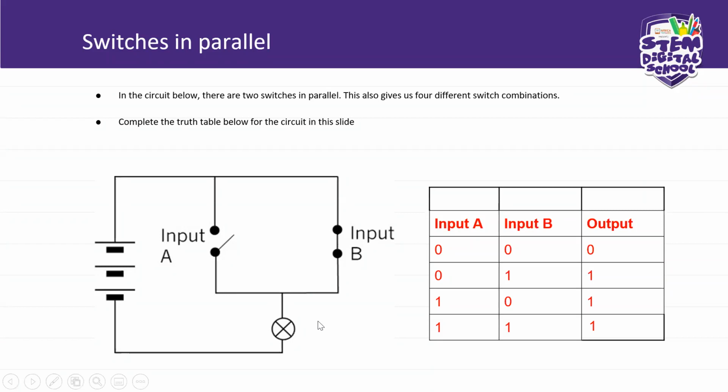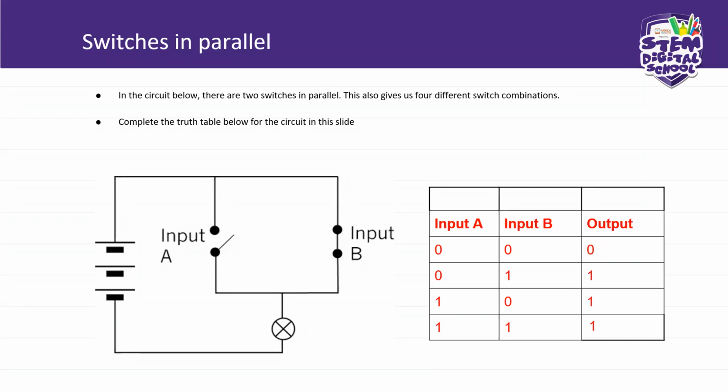But if input A is open and input B is closed, we do have an output in the lamp. Remember, in the series connection, when one switch was open, we didn't have the output on the lamp. But parallel connection is different.